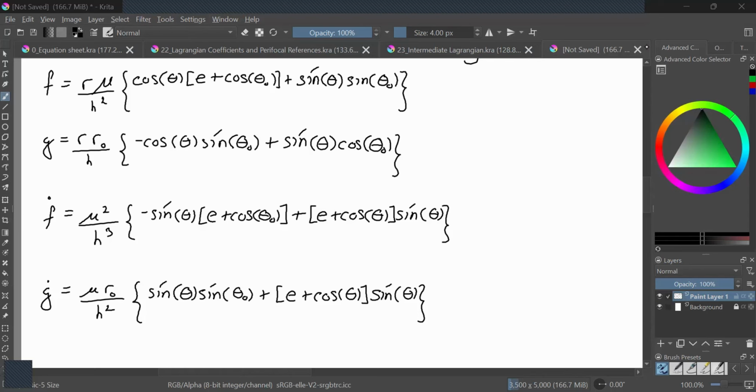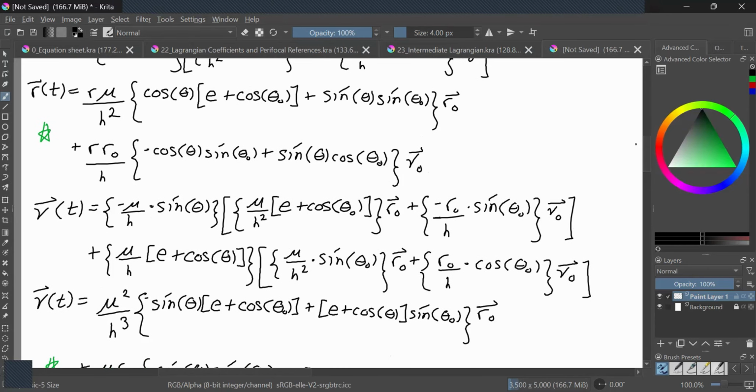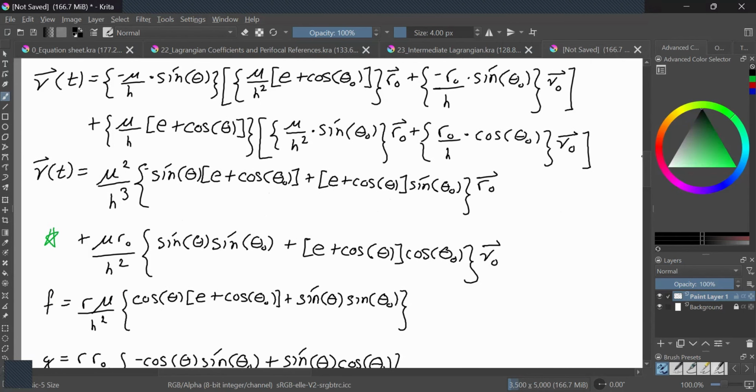So I have taken the liberty, as I said, of recording each one of our Lagrange components. So we have our F up here, our G, our F dot, and our G dot. There we go.